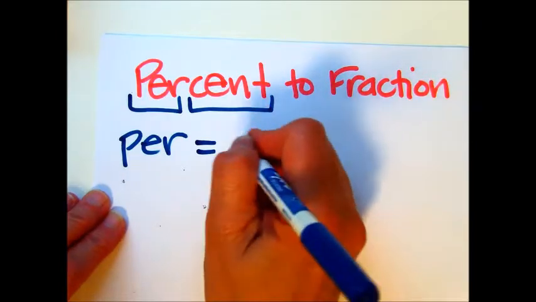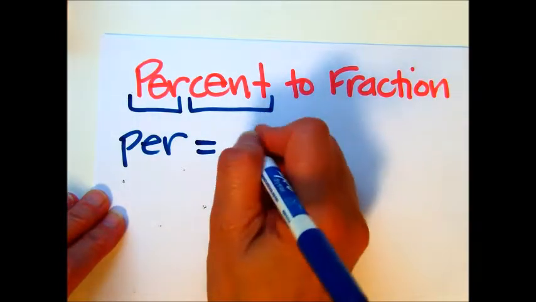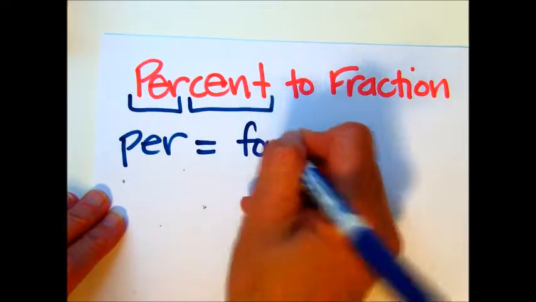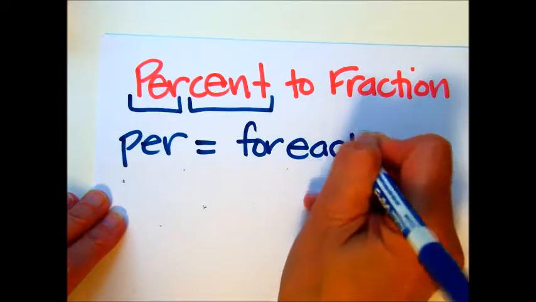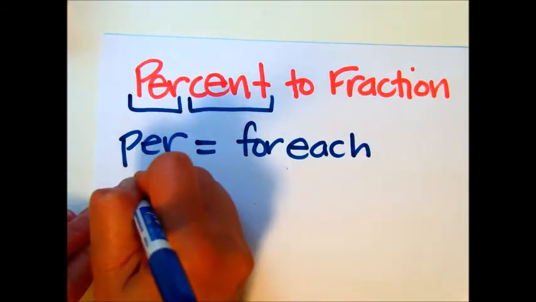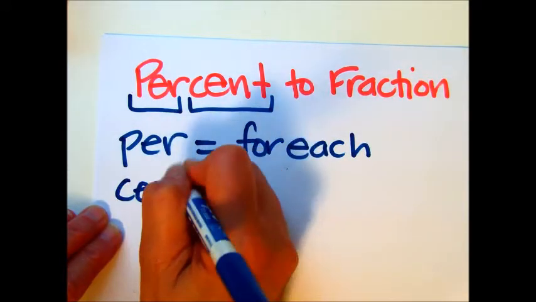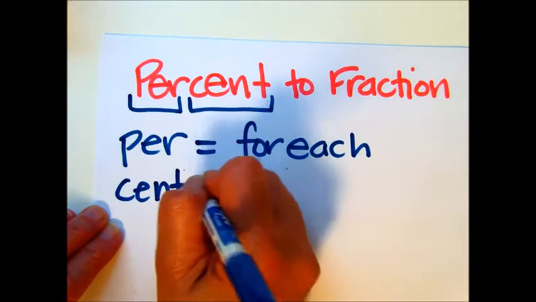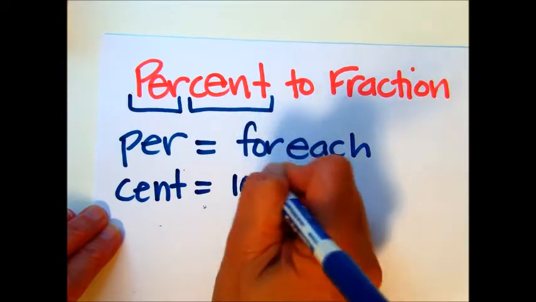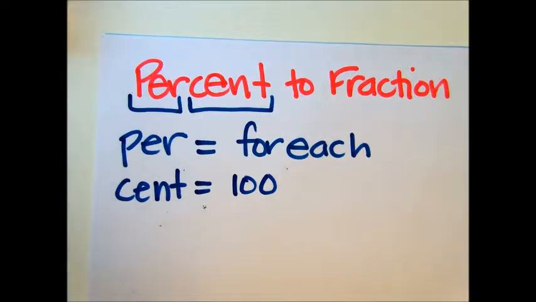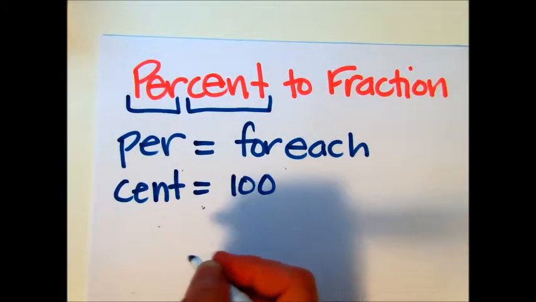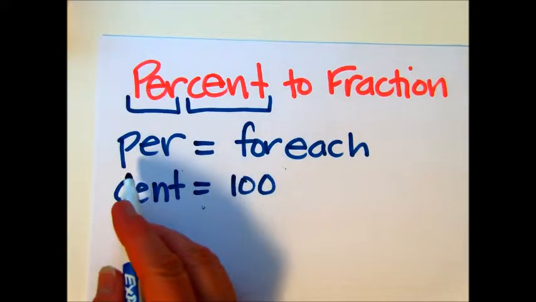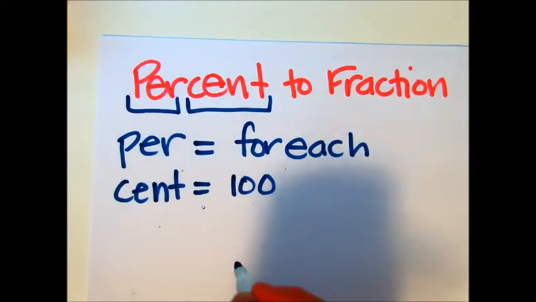So per is going to refer to for each. And cent, you can think of money. There's 100 cents in a dollar, so cent is going to refer to 100. So percent basically means for each 100. And a lot of people just shorten it and put per 100.